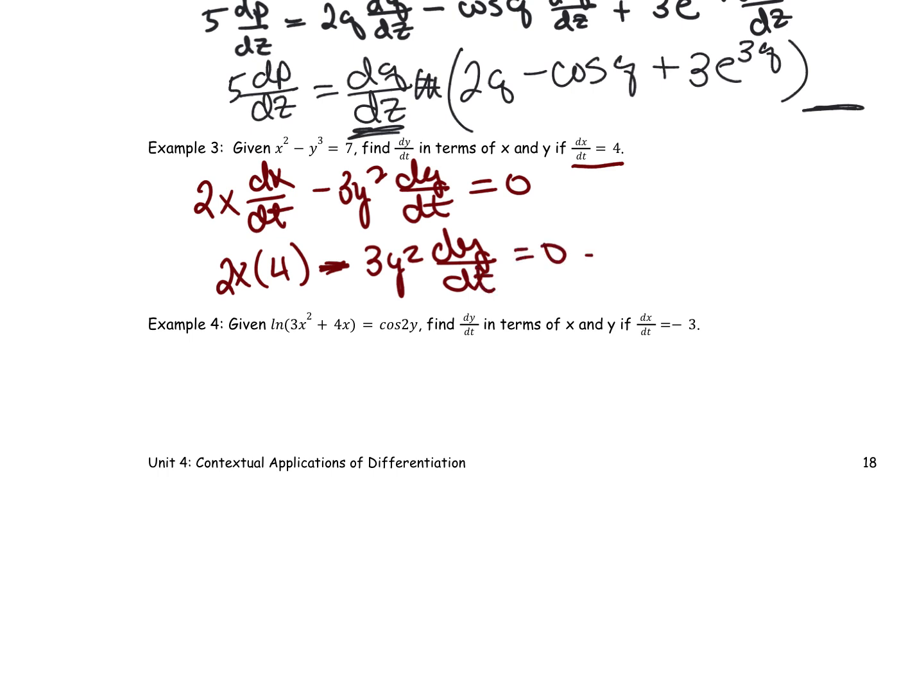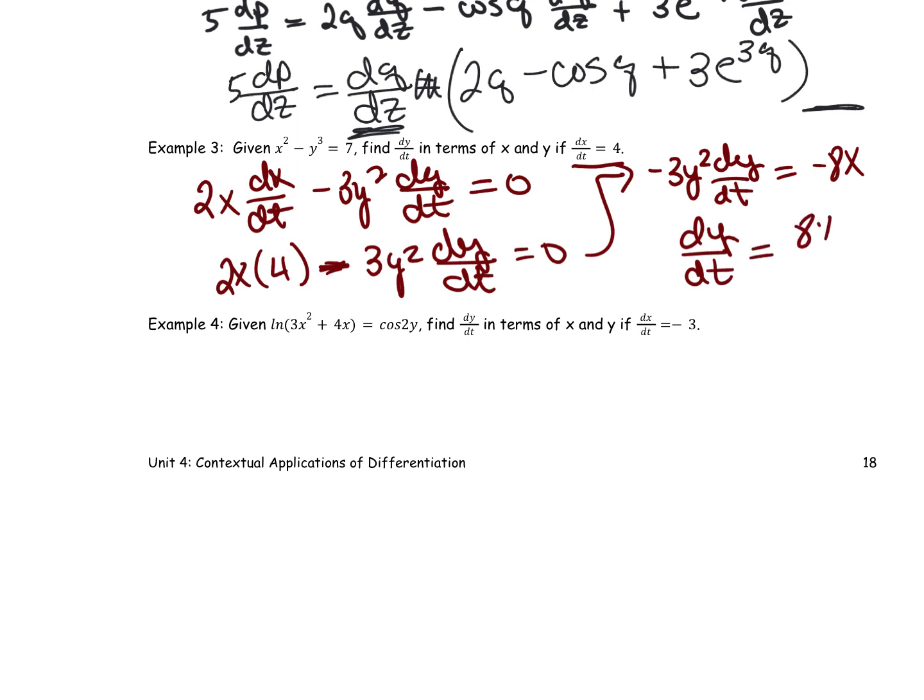So let's see, to continue, did you already finish? Yeah. We would do what? Negative 8x. Do you agree? Yep. And then we could solve for dy dt, and we would get 8x over 3y squared. We okay with that one?